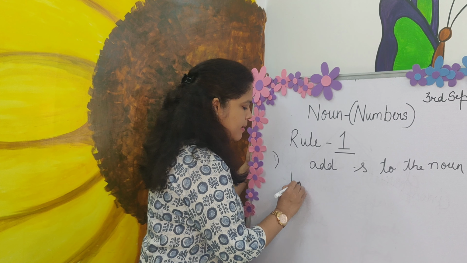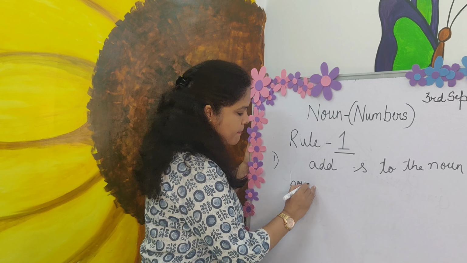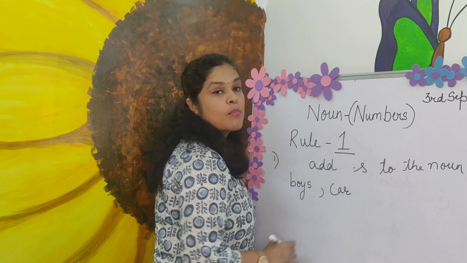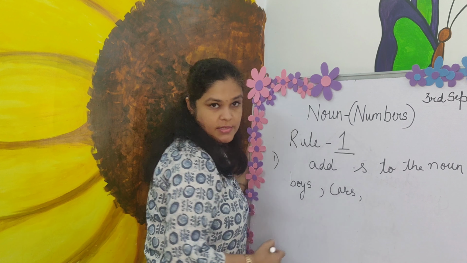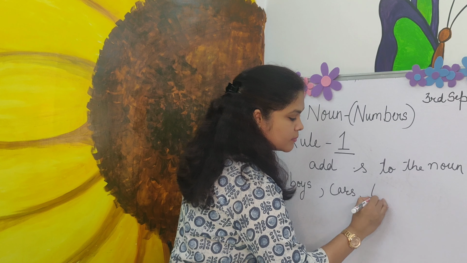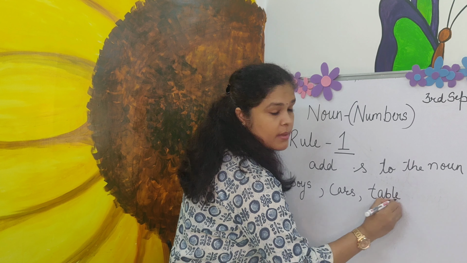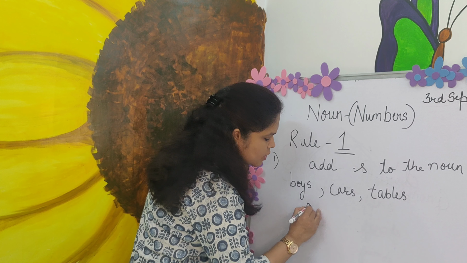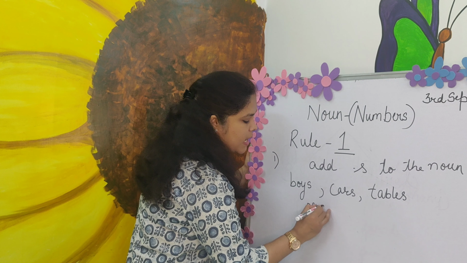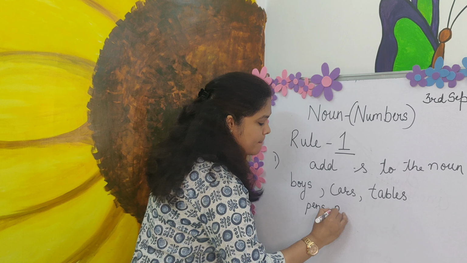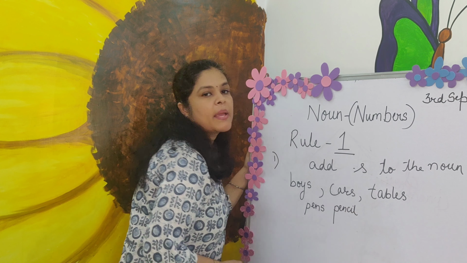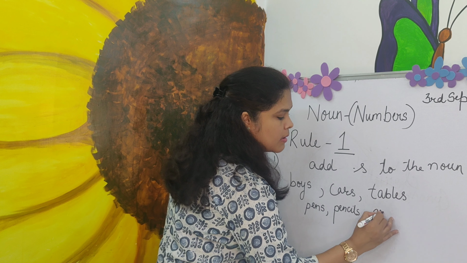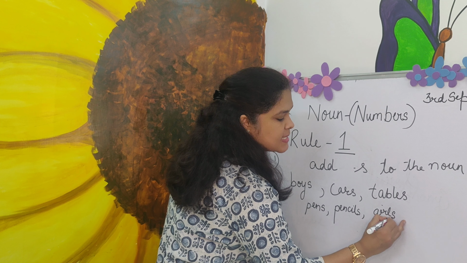For example, boy becomes boys. Car, more than one, will become cars, right? Table, more than one, becomes tables. We also saw this example: pen becomes pens. Pencil becomes pencils. A girl, if we add an S, girls.